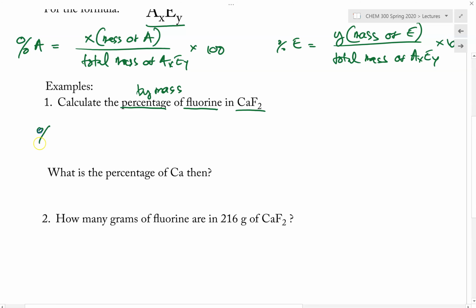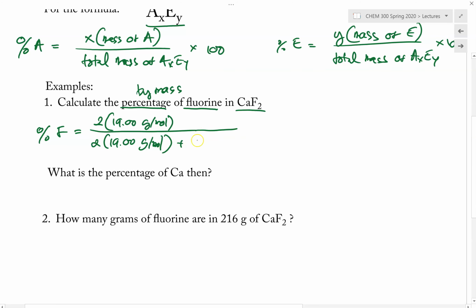To calculate the percentage by mass of fluorine, this is equal to 2 multiplied by the mass of each fluorine, which is 19.00 gram per mole, divided by the total mass, which is 2 times 19.00 gram per mole plus the mass of calcium, 40.08 gram per mole, and multiply this by 100.